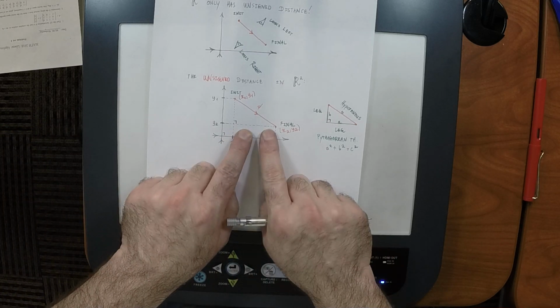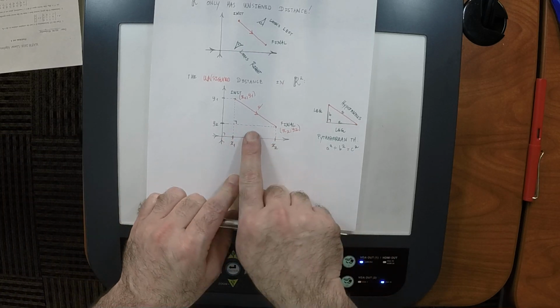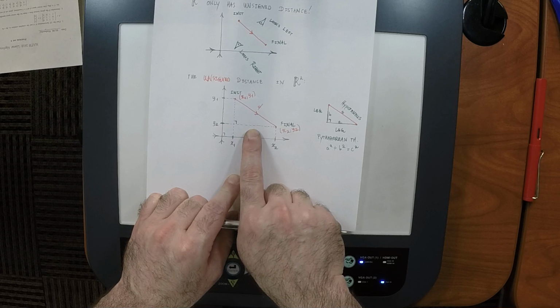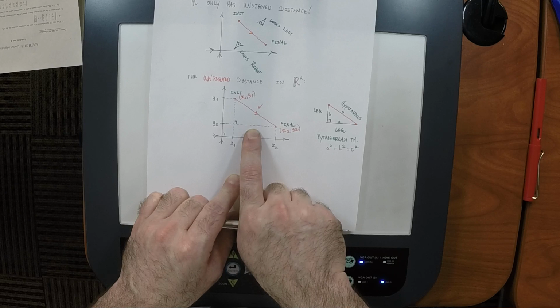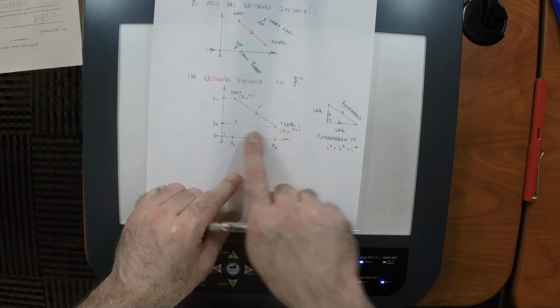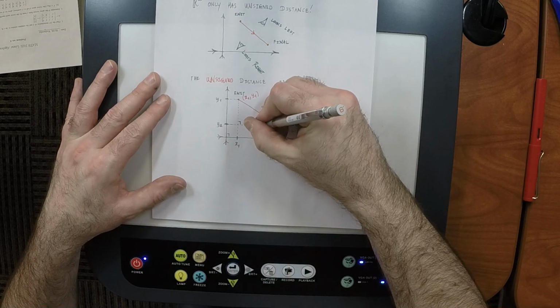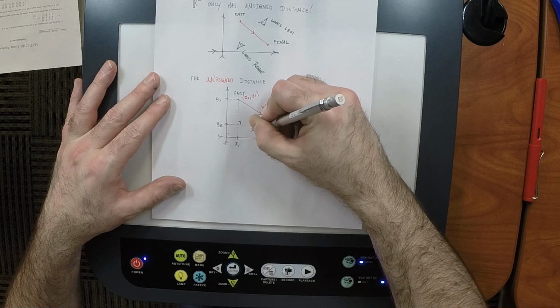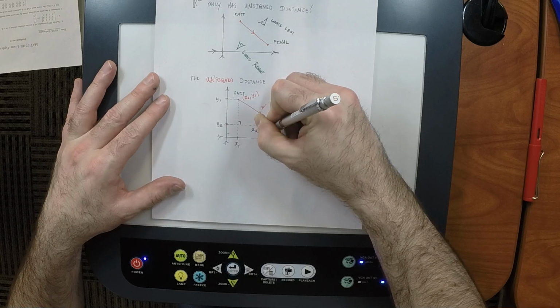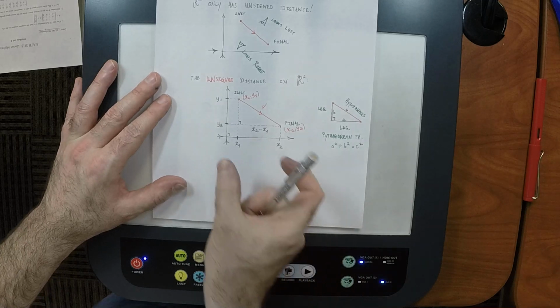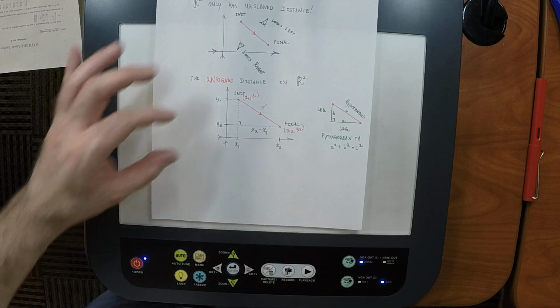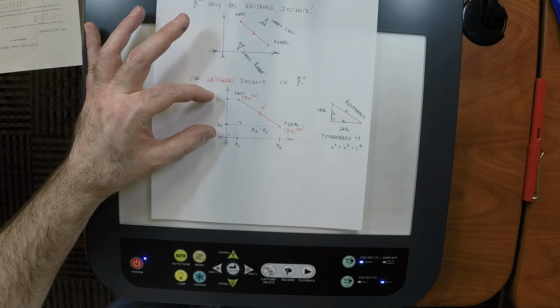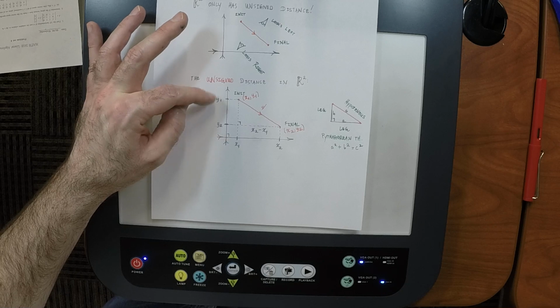So what's the length of this leg? Okay, so that would be x2 minus x1. All right, and what's the length of this leg? y1 minus y2?